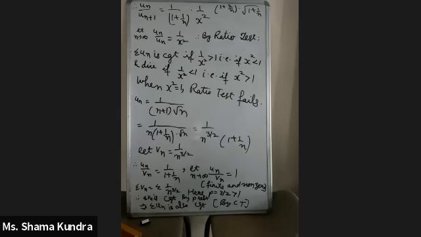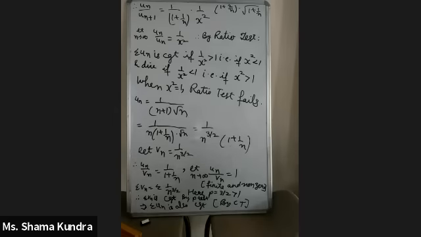Remember one thing, if there is presence of x in the series, then ratio test always gets failed at x equals to 1 or at x square equals to 1.